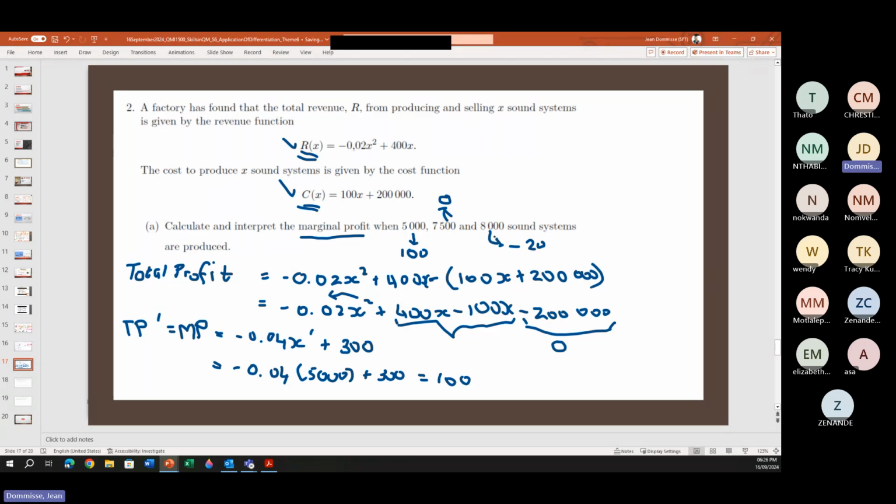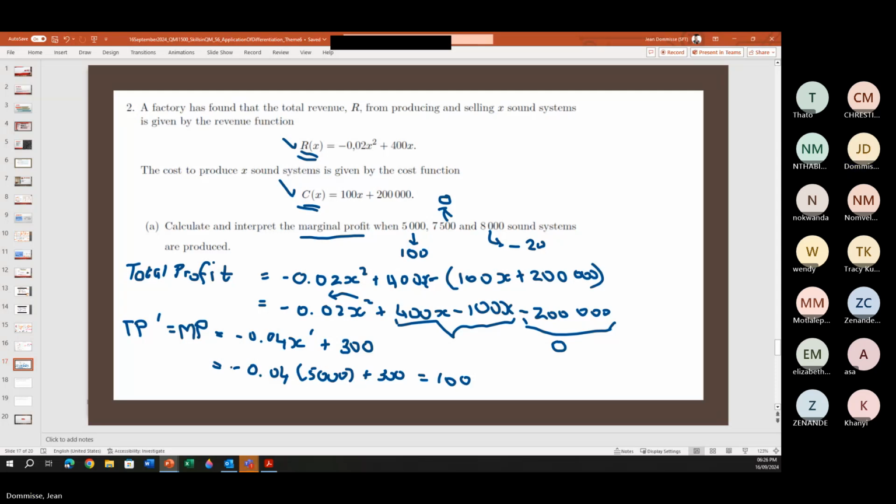When you produce 8,000, you will make a loss. When you produce 5,000, you will make a profit. So for every additional unit after a certain amount, you will actually start making less and less profit per additional unit.